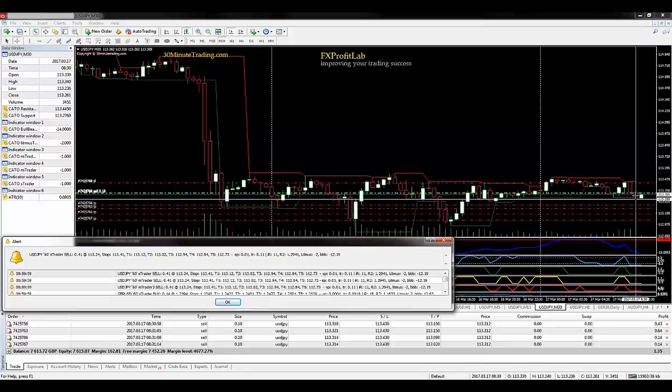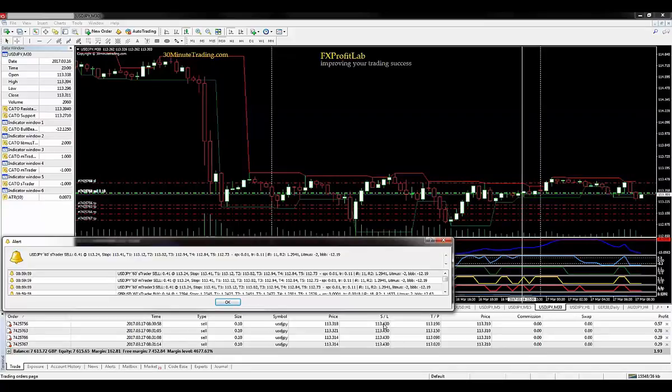So the high on that candle there that we're looking at, which is the 8:30 candle, you can see is 113.34. So we want to move the stop now to 113.36. So that's what I'm going to do. I'm going to proceed to move the stop on each of these.